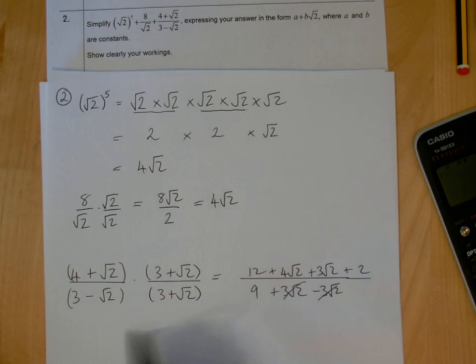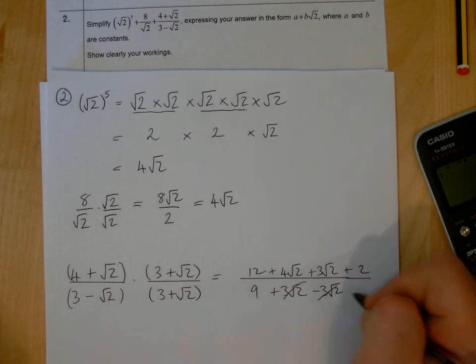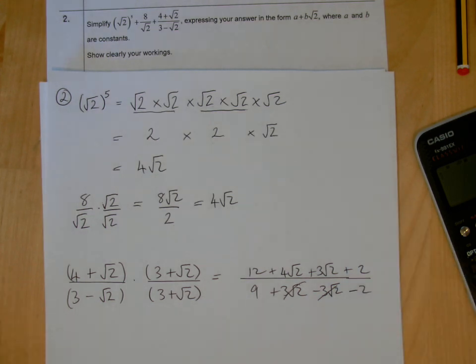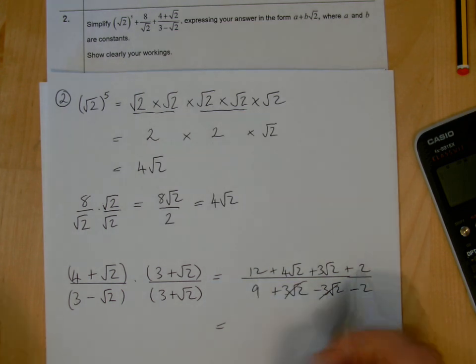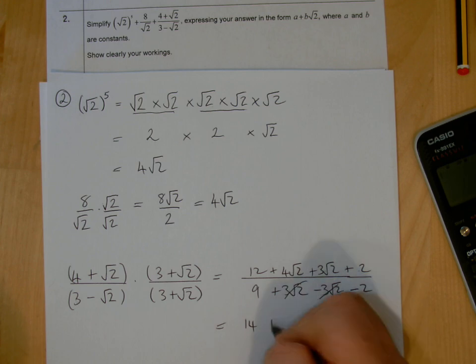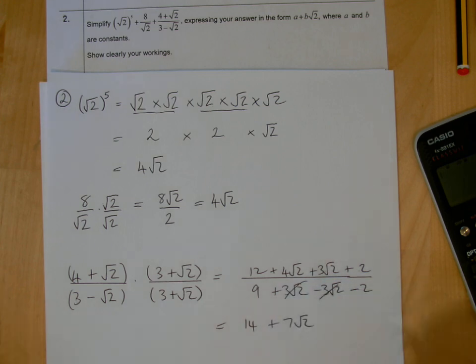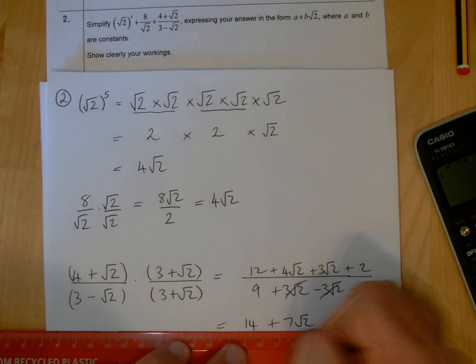So they cancel. Then the last, minus root 2 times root 2: root 2 times root 2 is 2, and minus times a plus is minus 2. So on the top, 12 plus 2 is 14, and 4 plus 3 is 7, so 7 root 2. On the bottom, 9 take away 2 is 7.